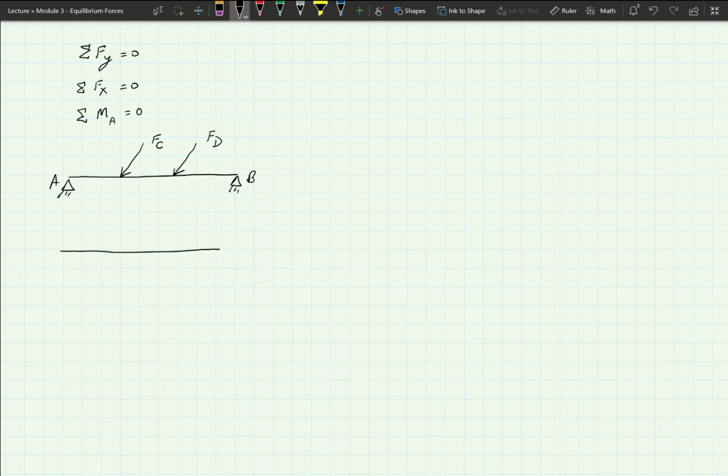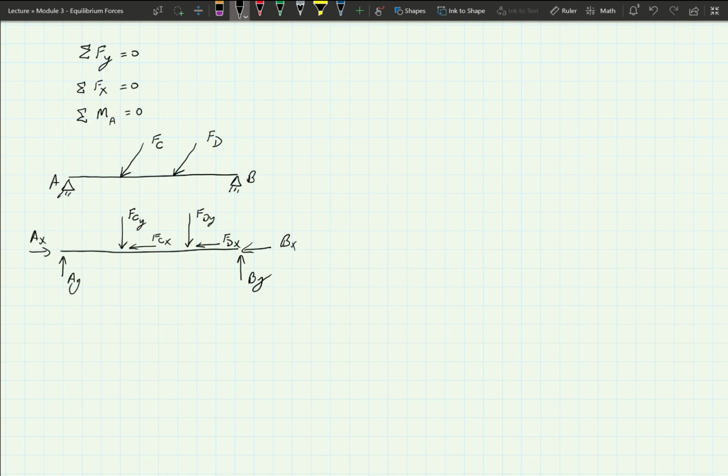So here's our free body diagram. We have A of Y, A of X, B of X, B of Y. But we now have FC of Y, and we got an FC of X, and we get an FD of Y and an FD of X. Okay, so those are all our forces.